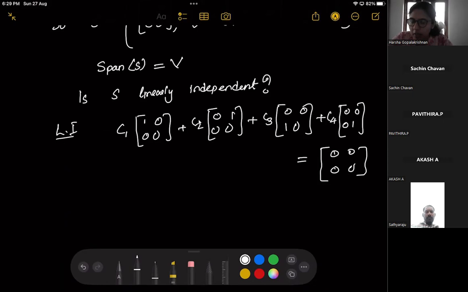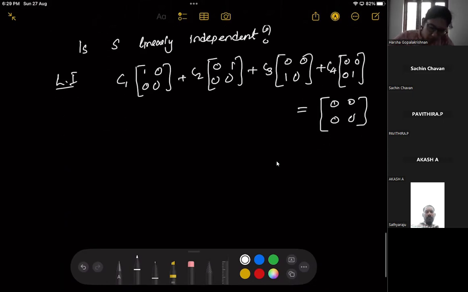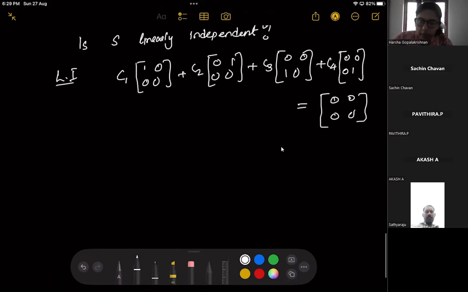So we should check what C1, C2, C3, C4 are. I'm just adding all of this here. C1 plus 0 plus 0 plus 0, so the first entry is C1. Here 0 plus C2 plus 0 plus 0, C2. And in the same way, the third and fourth.